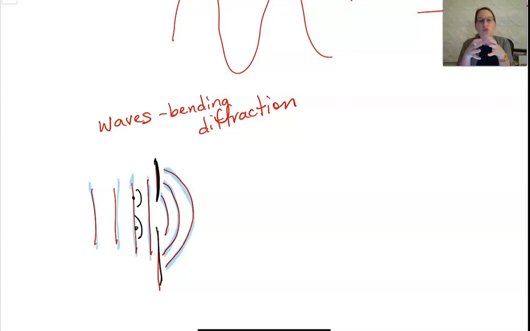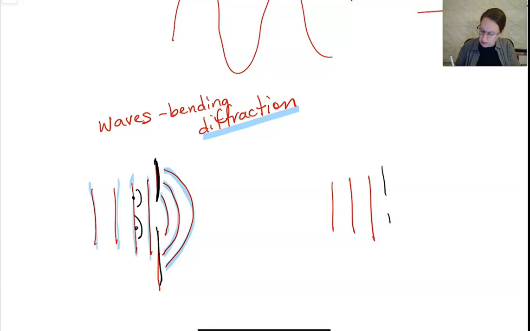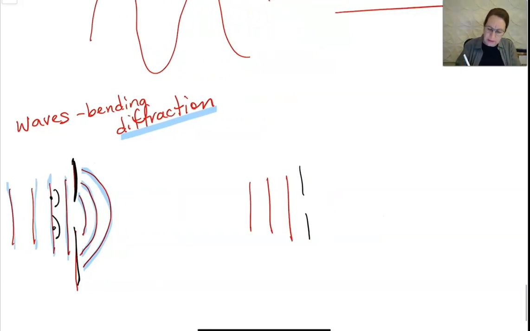We've sort of constricted the wave and it gets bent and it bends around. And so this bending of waves is called diffraction. It's light bending and spreading out. So where we might have light, I'll make it red light coming in like a red laser, hitting an opening, where you might expect, if we just treated light as going in straight lines, we might expect just a red dot right here.